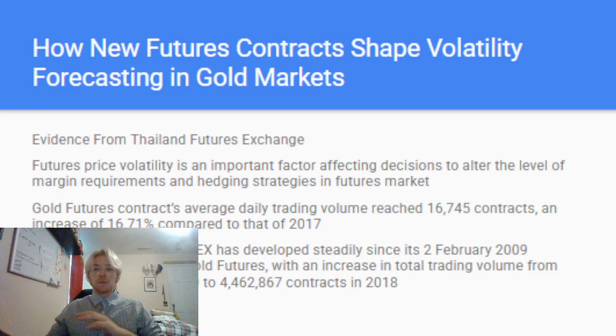We also find from evidence in the Thailand Futures Exchange that volatility heavily affects margin requirements and how much companies are willing to put into this investment and how much they're not. For example, gold futures average daily trading has gone to about 16,000 a day, which is 16% more than we found in 2017.